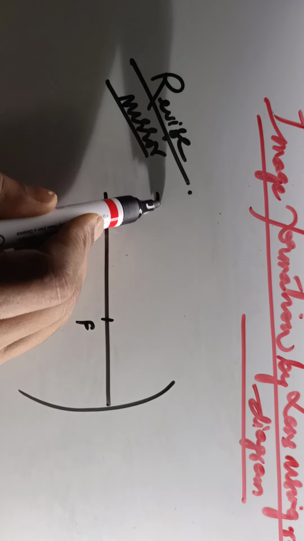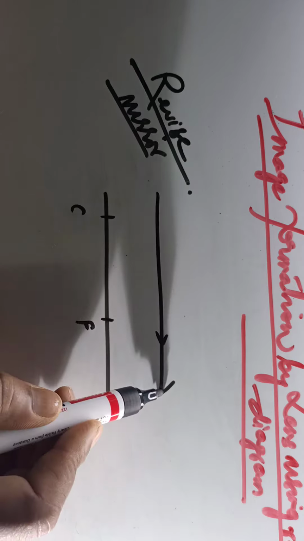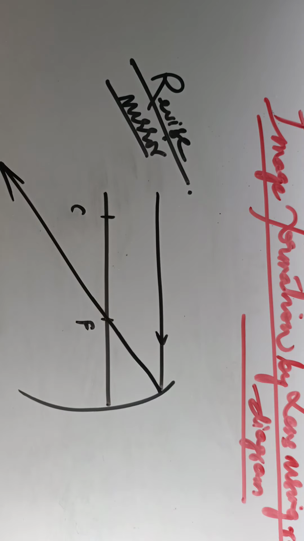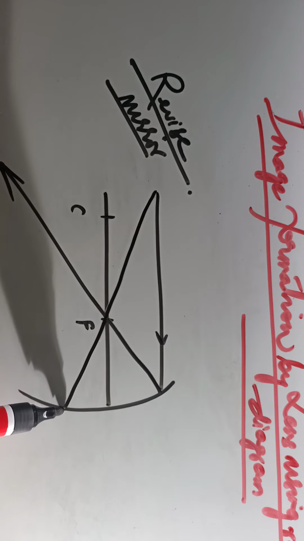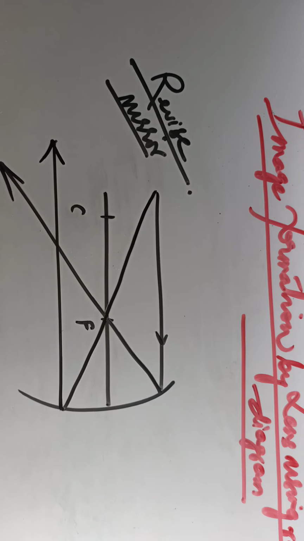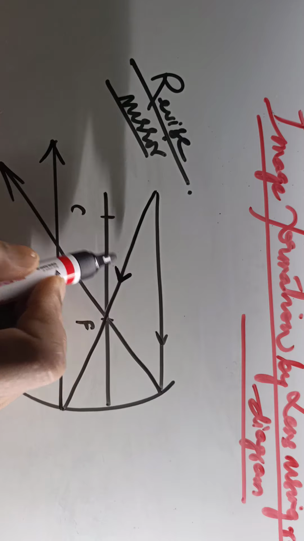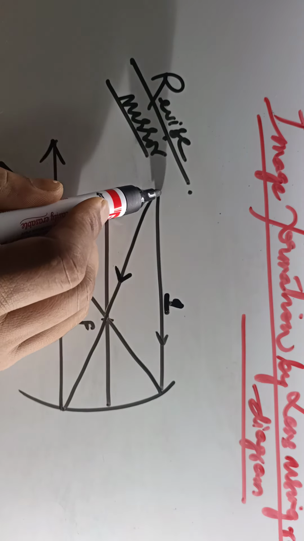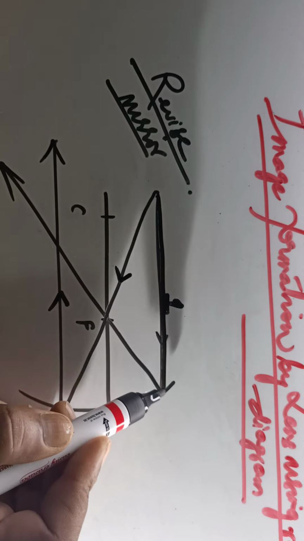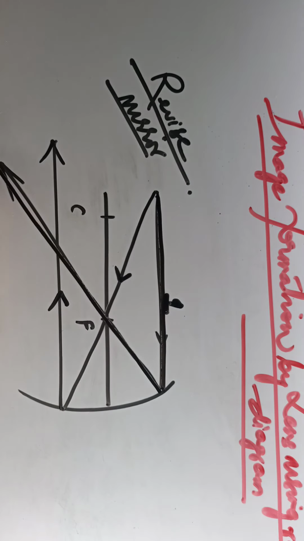A ray of light traveling parallel to the principal axis after reflection passes through the focus.